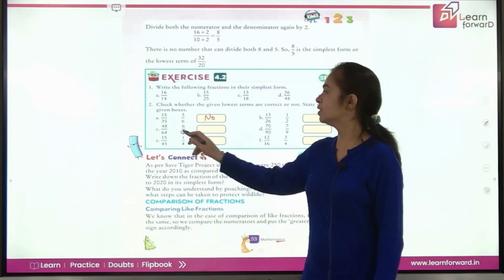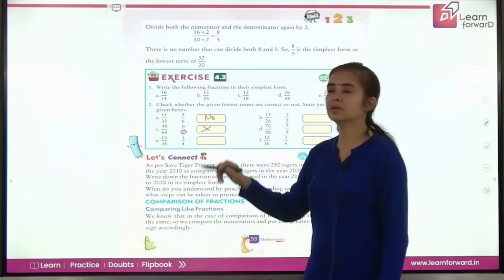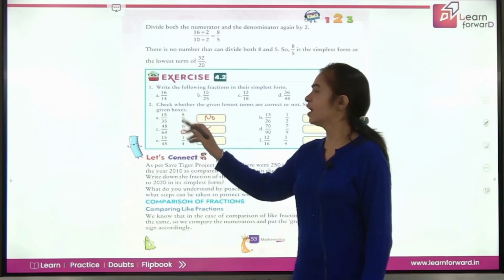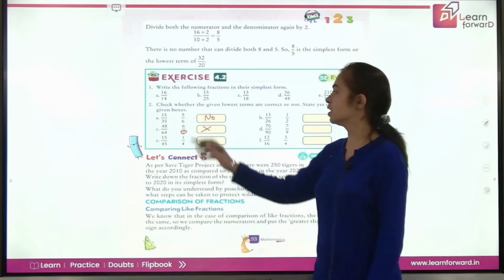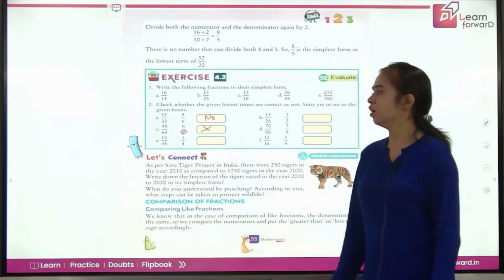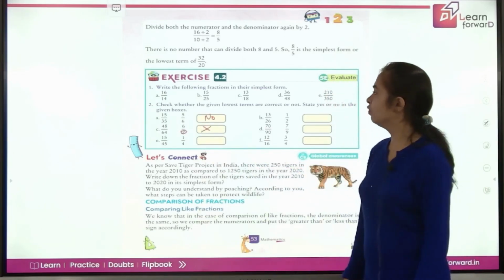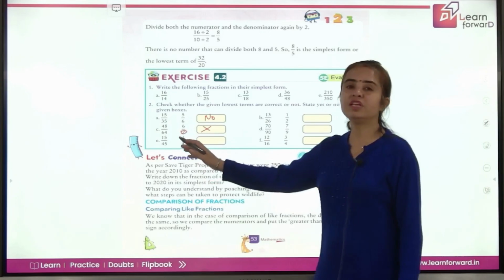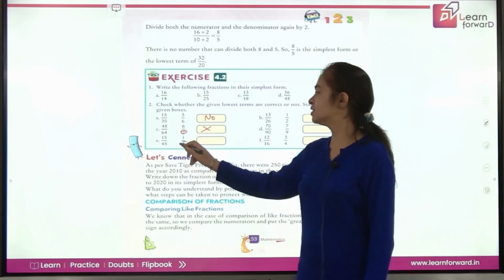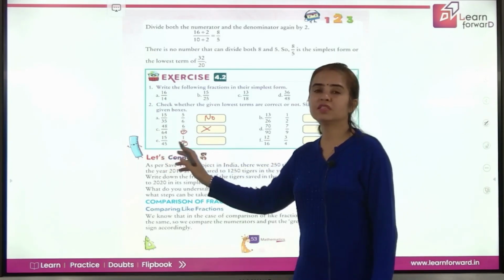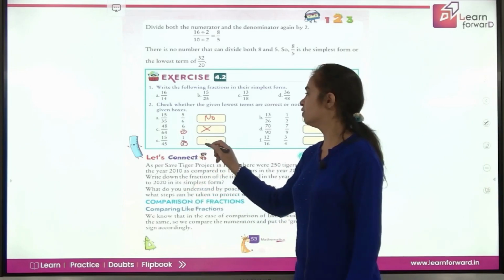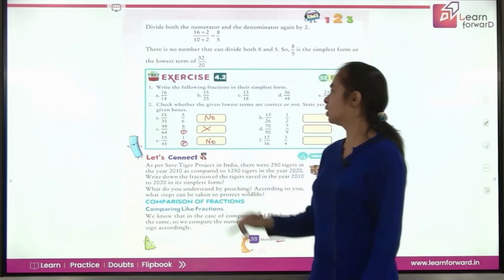So again this is wrong. Here it was 5 threes and 5 sevens; this was completely wrong. Now when you talk of 15 and 45, 15 threes are 45, it says 4. So 15 ones are 15, 15 threes are 45. So even this is not correct.